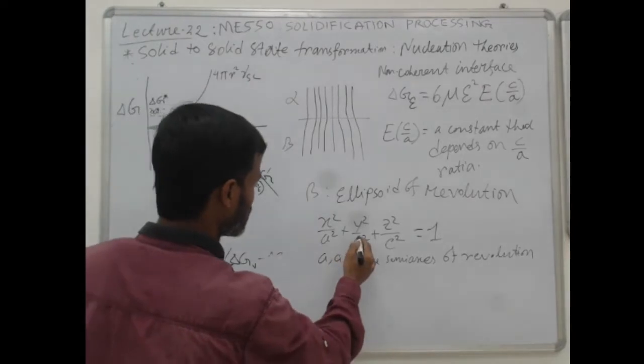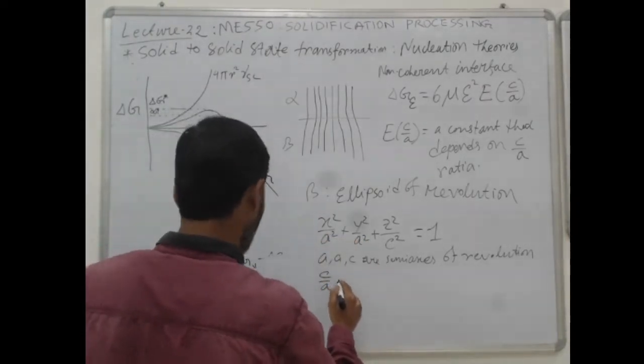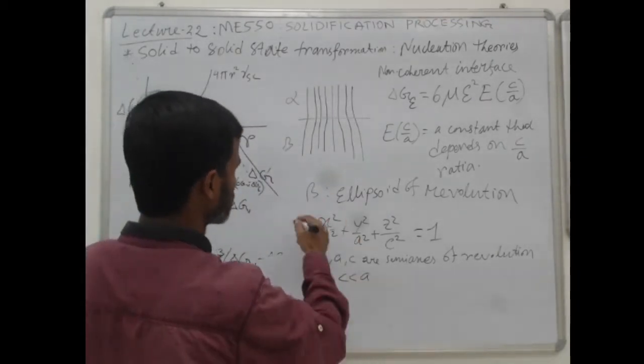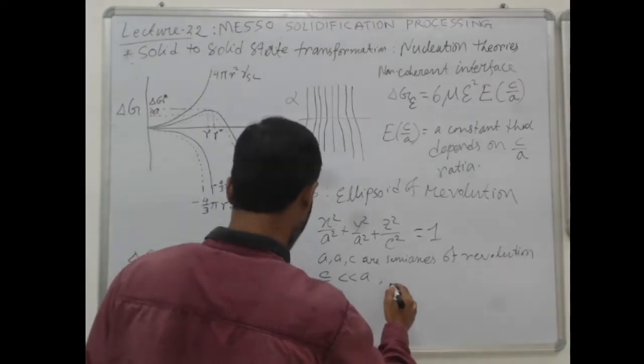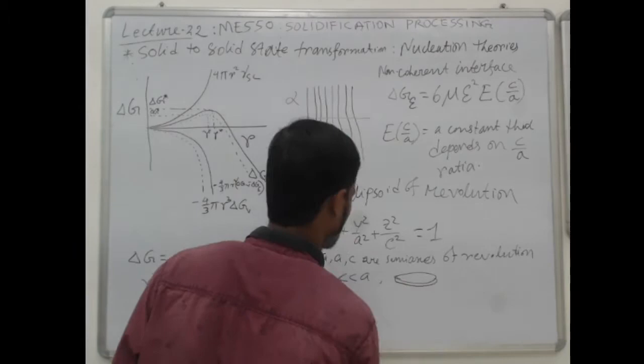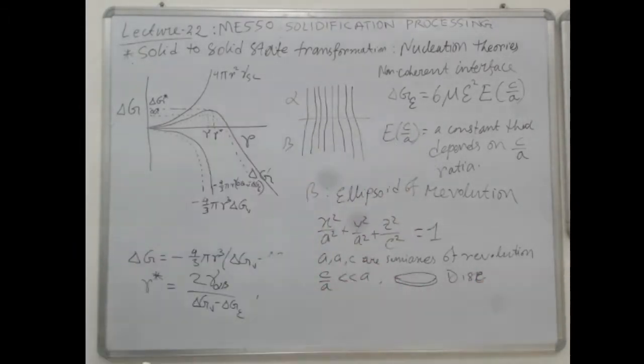So what is the benefit of using this kind of relationship? If C by A is very much less than 1, then the 3D ellipsoid of revolution will have a disc-like shape.